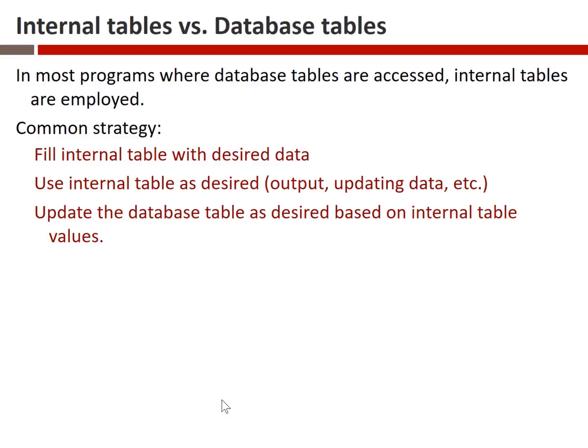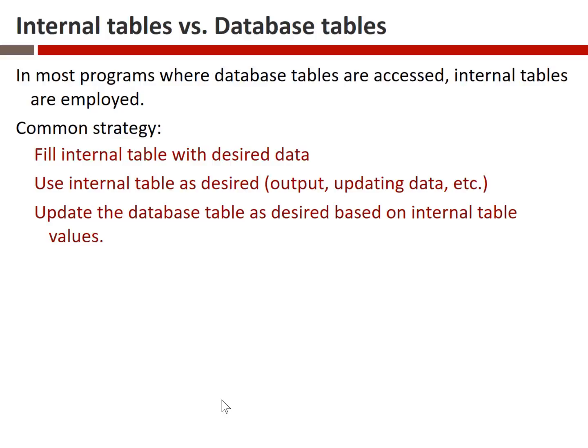I have to make sure my program doesn't screw anything up. So it is very, very common for me to want to not manipulate the database table until I'm sure that I have done exactly the right thing. So I will pull data out of the database table into the internal table.